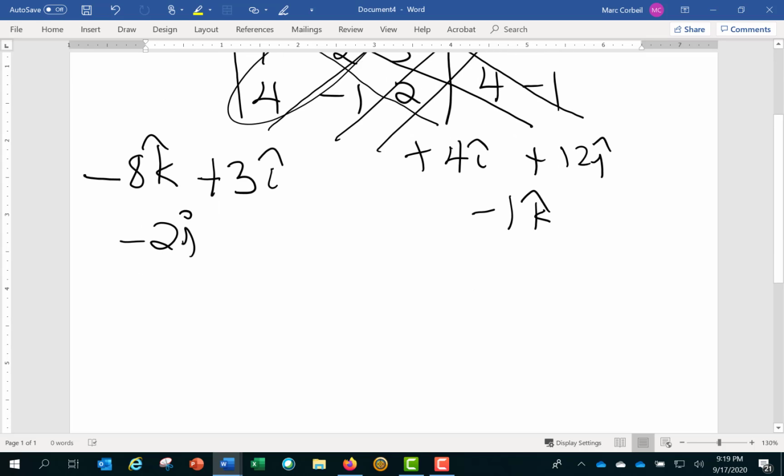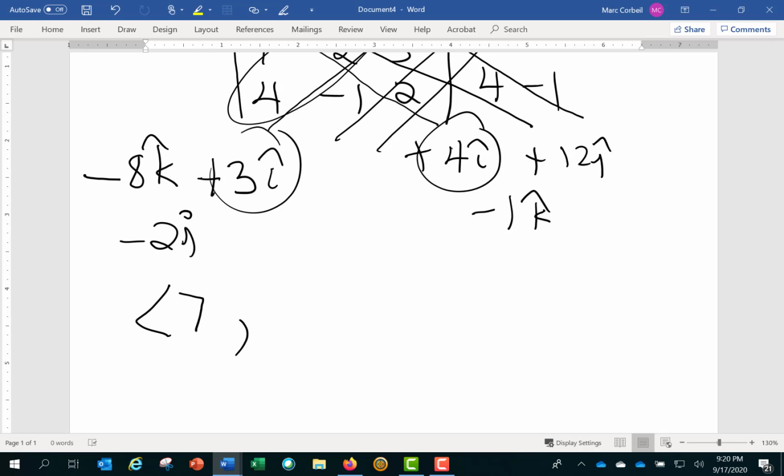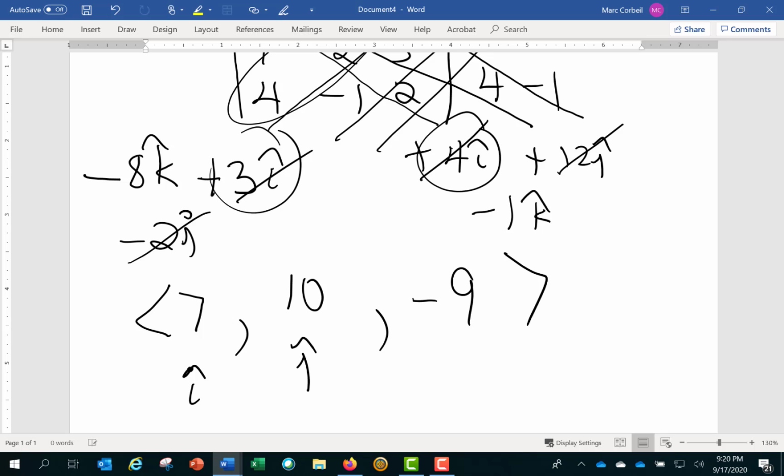So collecting, I'll have 3I and 4I, which will be 7 for the first component, 7I. For the J, I have 12J and minus 2J, which is 10J. And then I have minus 1 and minus 8, negative 9K. And that's basically how we do our cross product.